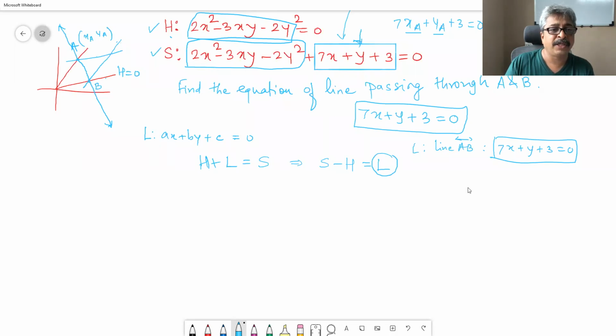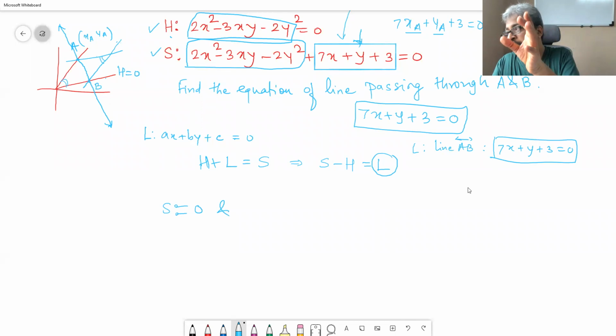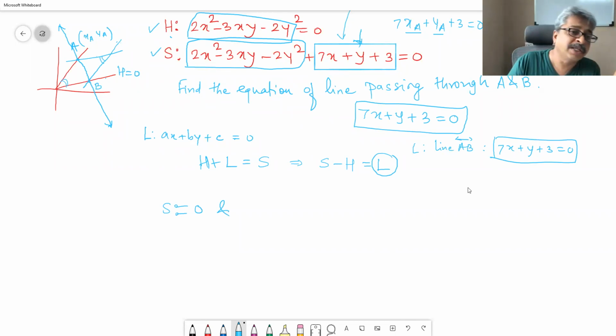Hence the angle between these two POLs is going to be the same. Therefore, in general, if somebody asks you to find the angle between the two lines when S is equal to 0 is given, the formula continues to remain the same, because the angle between the two lines at some other location is the same as the angle between the two lines at origin.